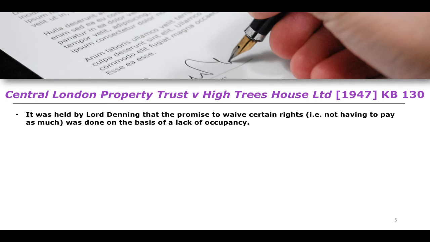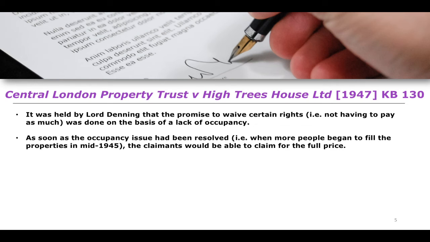And it was held by Lord Denning that the promise to waive certain rights, i.e. not having to pay as much money owing to the lower occupancy rates, was done on the basis of there being a lack of occupancy. It was done for a reason. It was done for a lack of occupancy, which was caused by the Second World War.